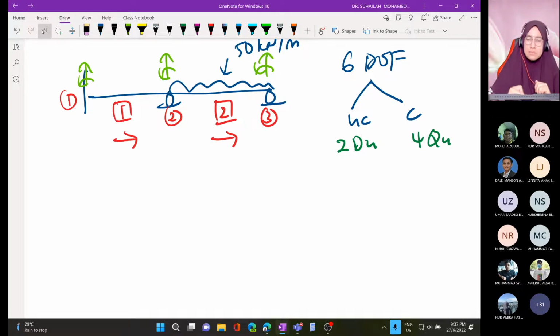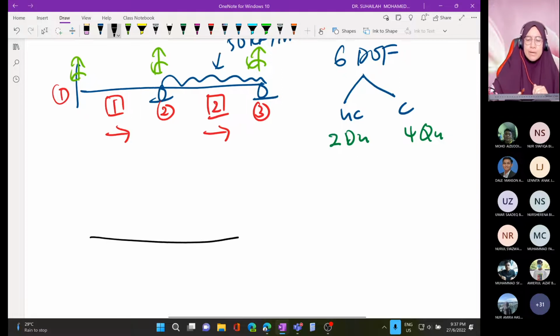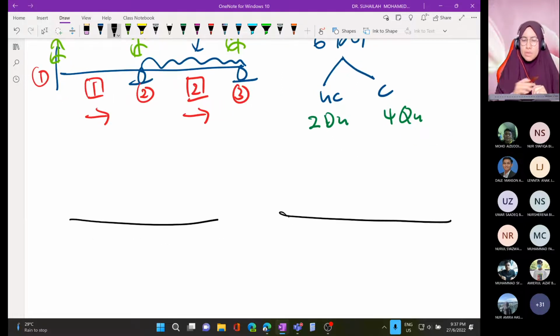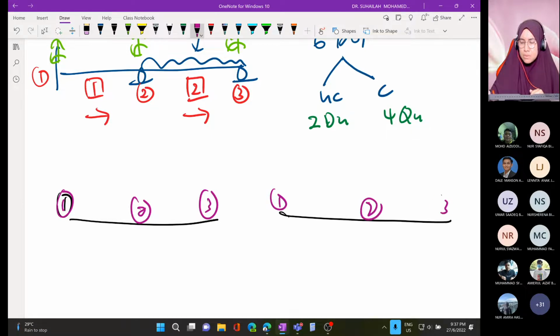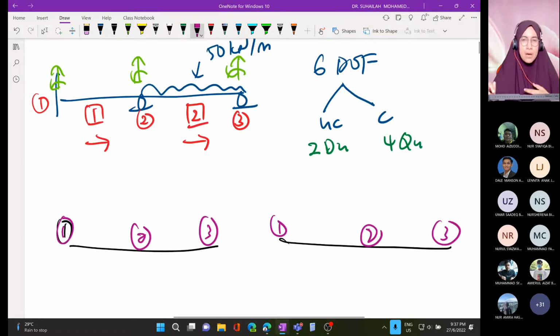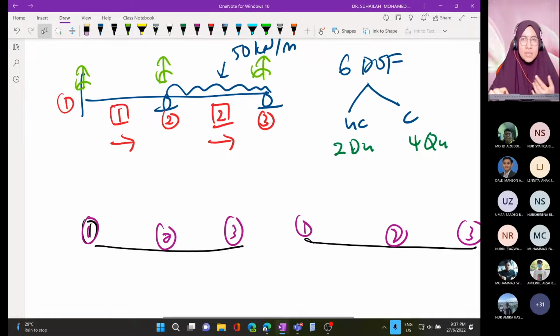But we sketch. One for unconstrained and one for constrained. So this is 1, 1, 2, 3. Reactions at the support: there are 4.